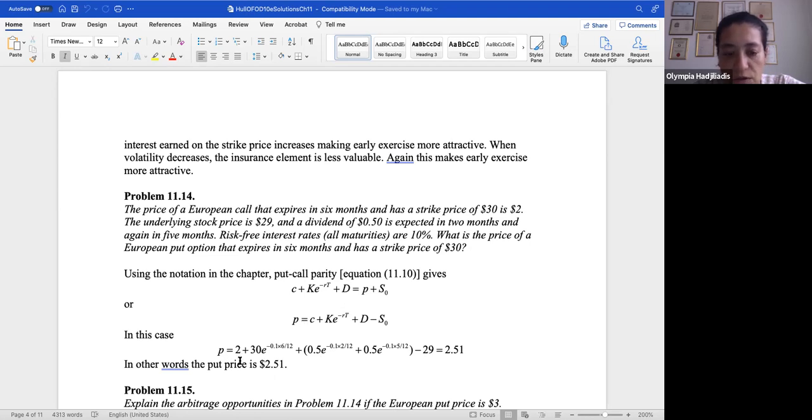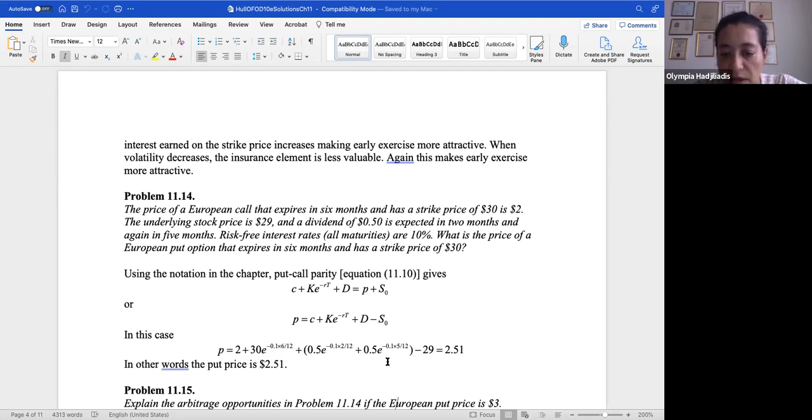The call is $2, K is $30, e to the minus 0.1 times 6/12, which is 1/2, because that gets paid in half a year. It expires in 6 months.